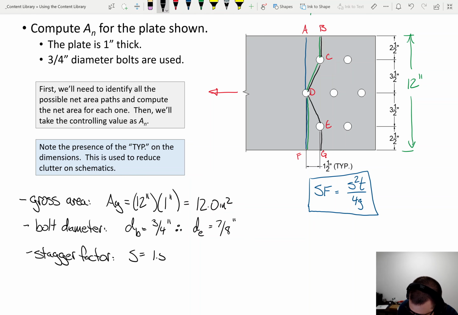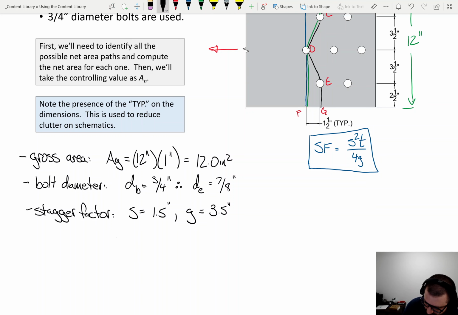Now, what about the gauge spacing? The gauge spacing is transverse. It is this direction, perpendicular. But the salient point is that the gauge spacing is from bolt to bolt along that diagonal path. And so in this case, it's 3.5, because we're talking about that dimension right there. So if that's the case, then my stagger factor is this.